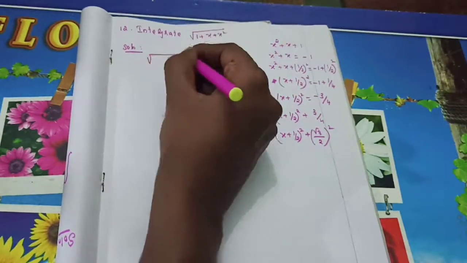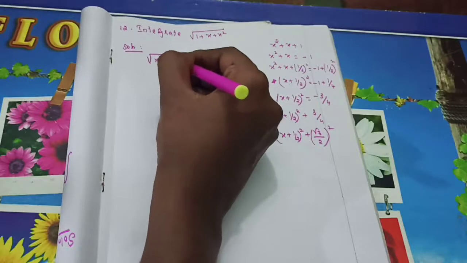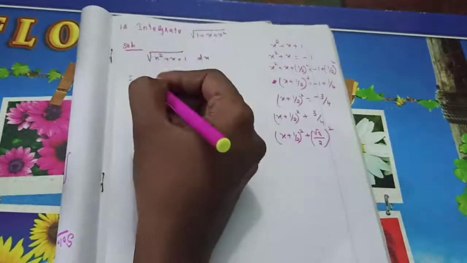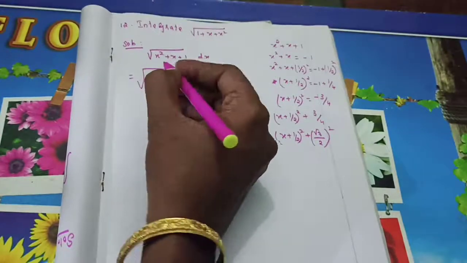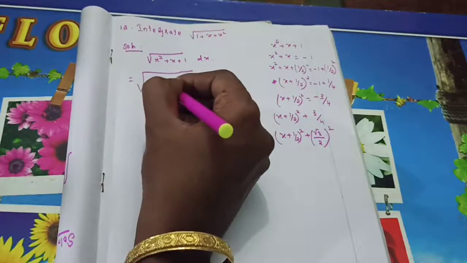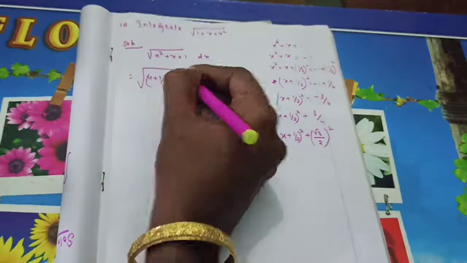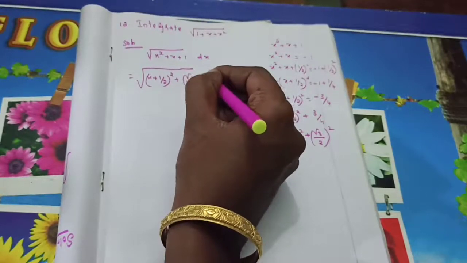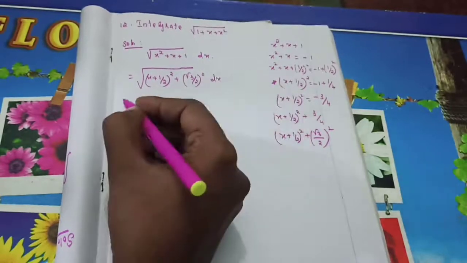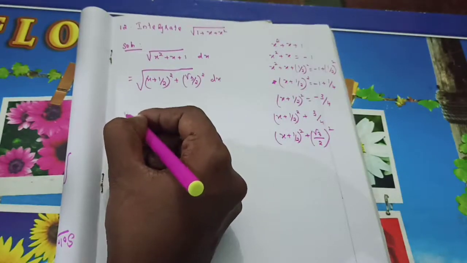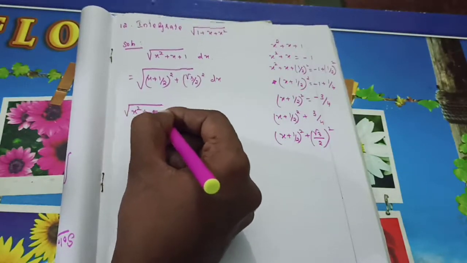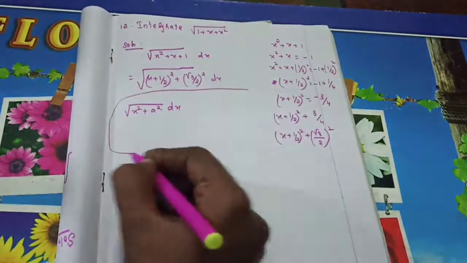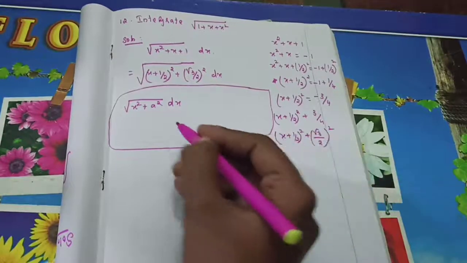First, you will rewrite this: the integral of square root of x square plus x plus 1 dx is equal to, next step we will substitute this value, that is, square root of x plus 1 by 2 the whole square plus root 3 by 2 the whole square dx. Now substitute by using the formula for the integral of square root of x square plus a square dx. What's the formula for the integral of square root of x square plus a square dx?